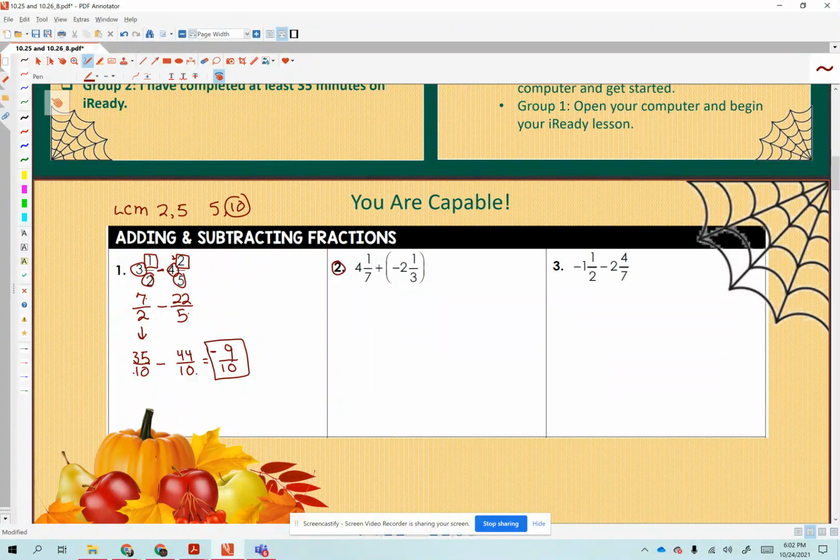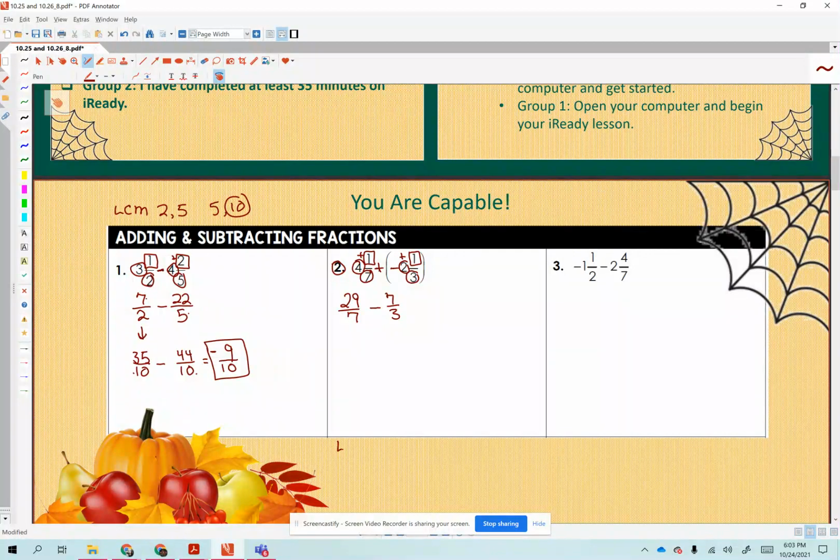So for number 2, we have 4 1/7. This time we're adding a negative 2 1/3. Adding a negative is the same as subtracting. So first we will find improper fractions. 7 times 4 is 28, plus that numerator of 1 is 29 over 7, plus a negative, which is the same as subtracting. 2 times 3 is 6, plus the numerator of 1 is 7 over 3.